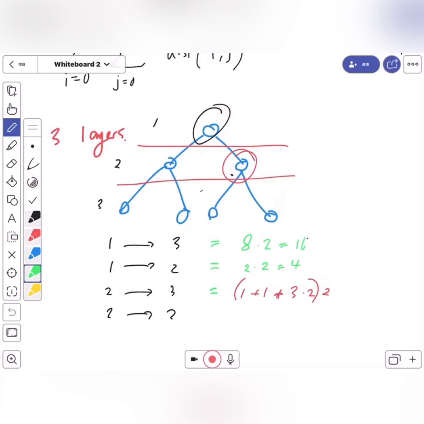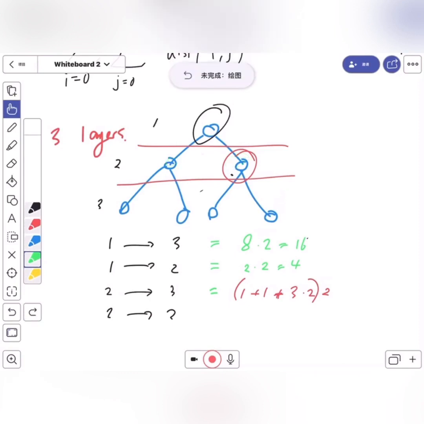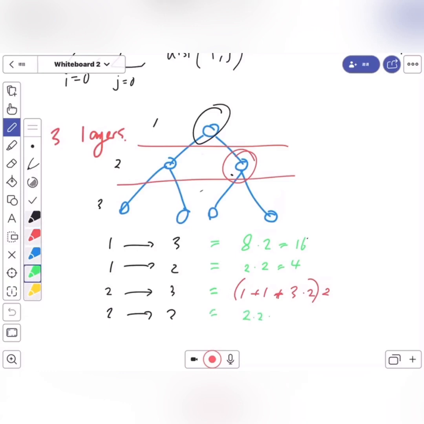Two to two means that we just go from here to here, and there's actually 2 times each 2 steps, so there will just be 4 steps. And just evaluate this really quick. This is just equal to 16.